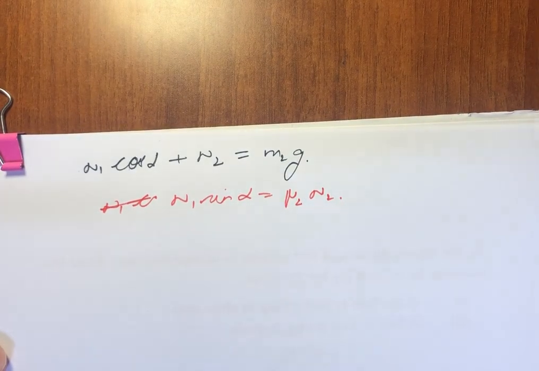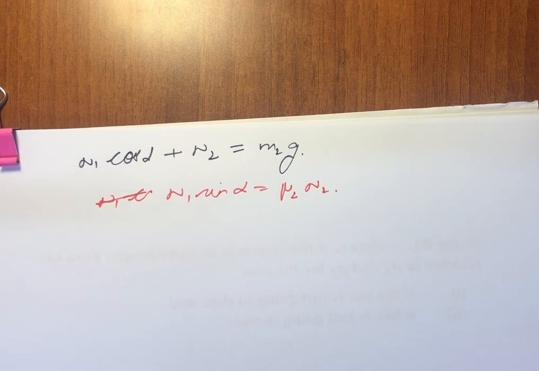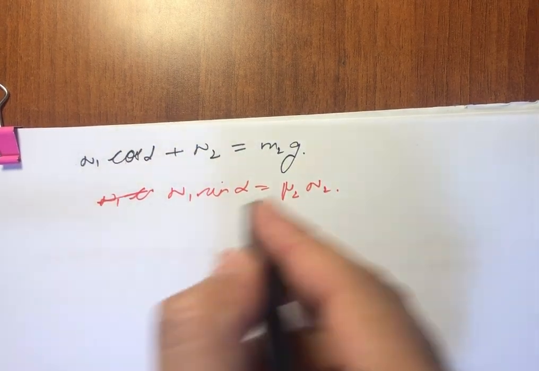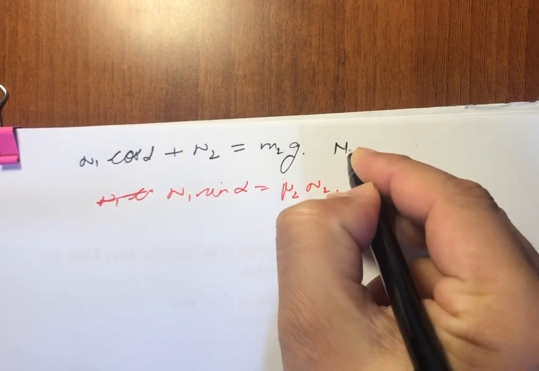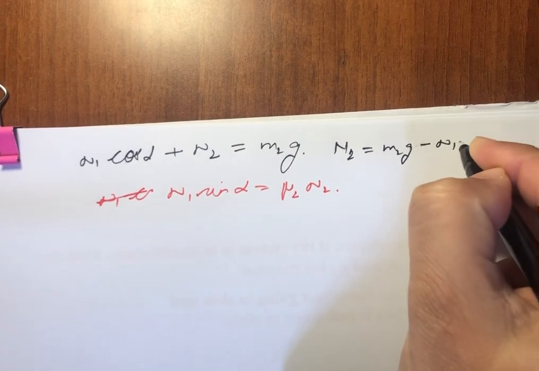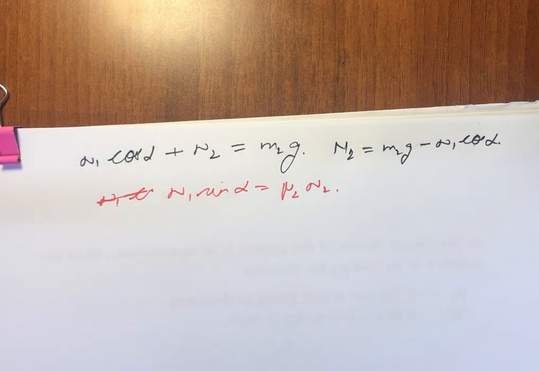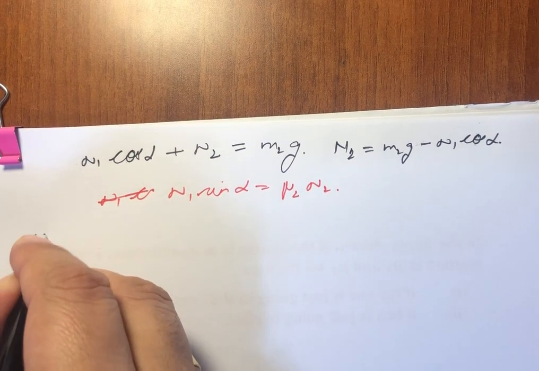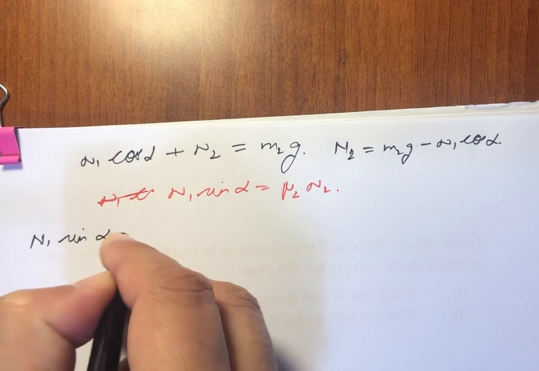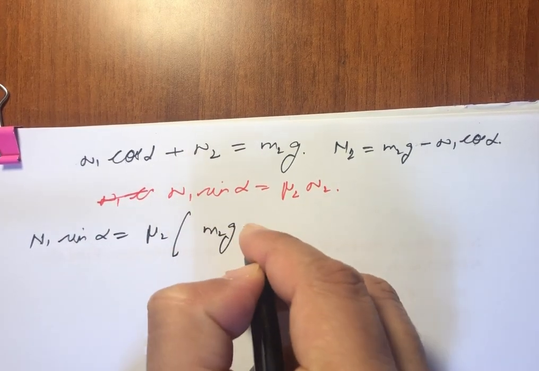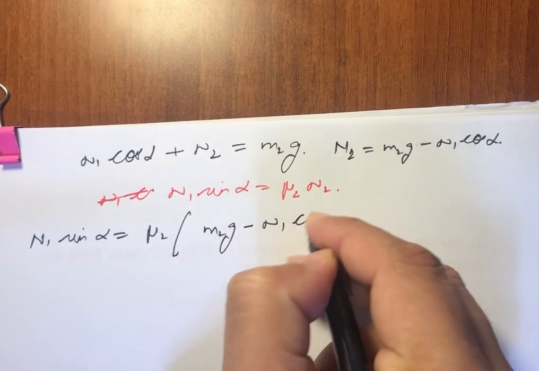So from the first equation we can find out that n2 is equal to m2g minus n1 cos alpha. We substitute the value of n2, so we get n1 sin alpha is equal to mu2 times m2g minus n1 cos alpha.